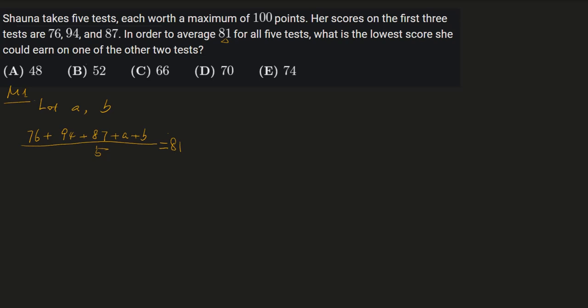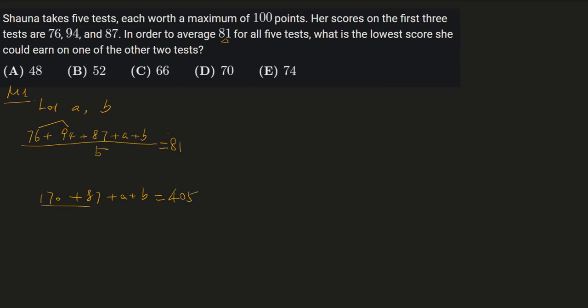Alright, let's do that. And by the way, I like these 2 numbers because 6 plus 4, that's 10, right? So we'll multiply 5 on both sides, and I'll do this first addition as well. So that's 170 plus 87 plus A plus B equals 405.